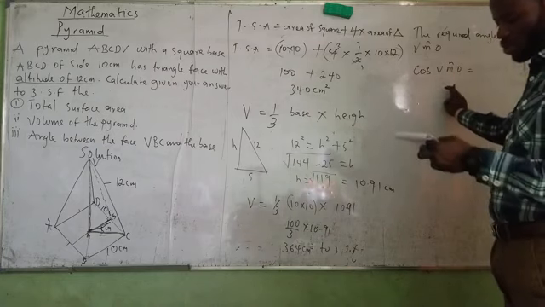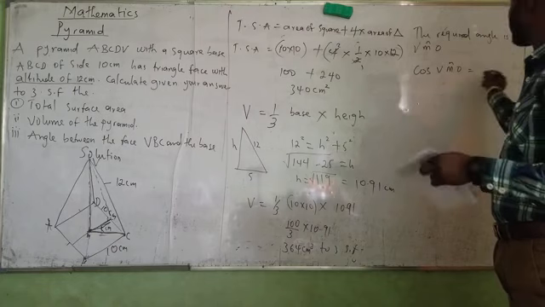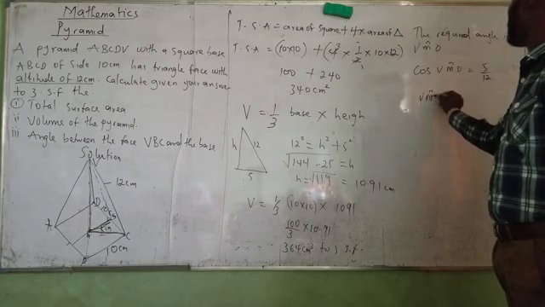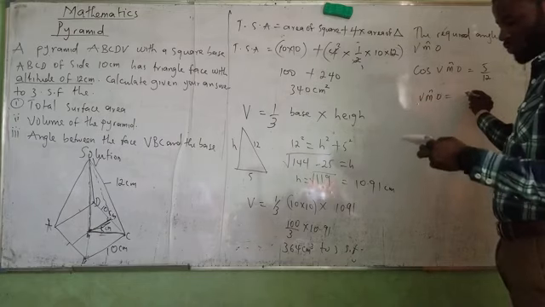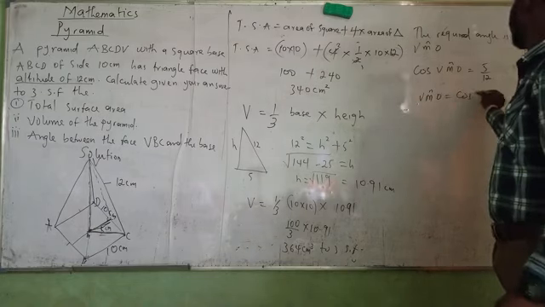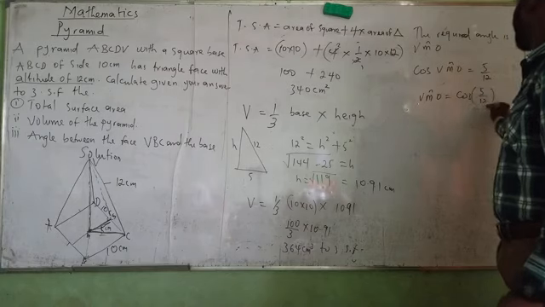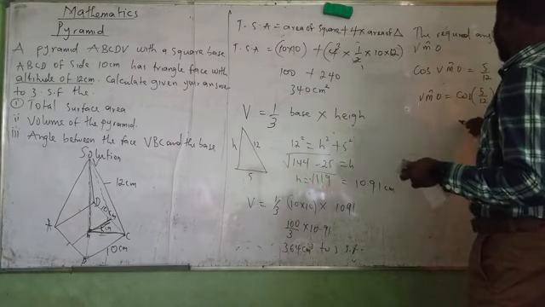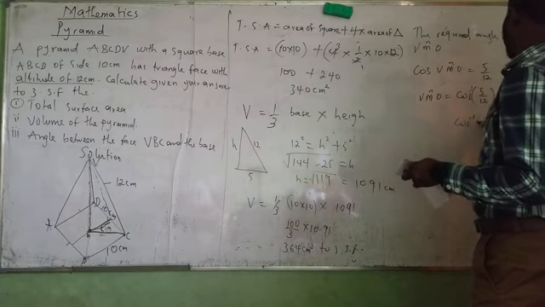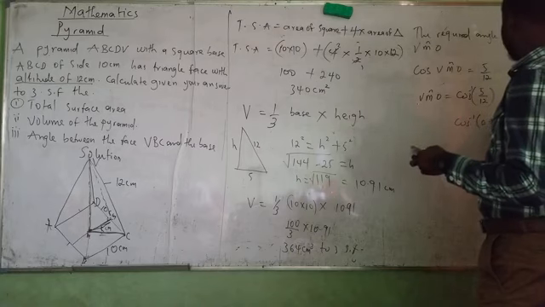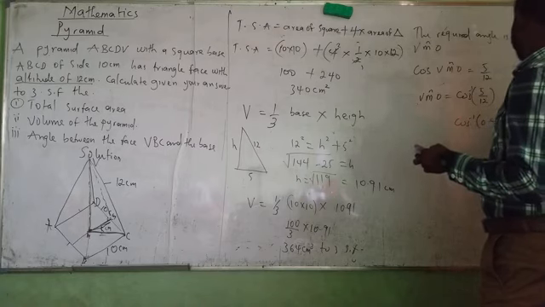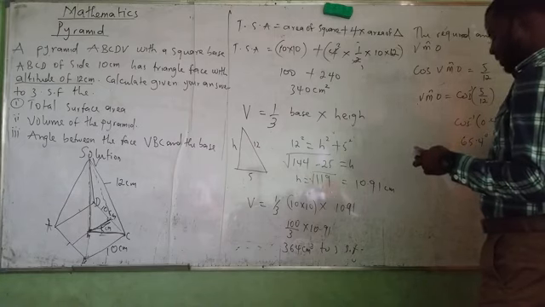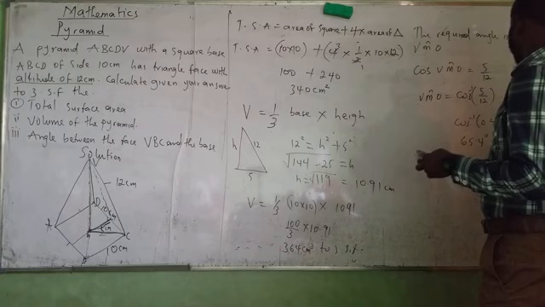Cos of this will be equal to 5 all over 12, so VMO will be equal to cos inverse of 5 over 12. It will be cos inverse of 0.4167, which is 65.4 degrees to 3 significant figures.